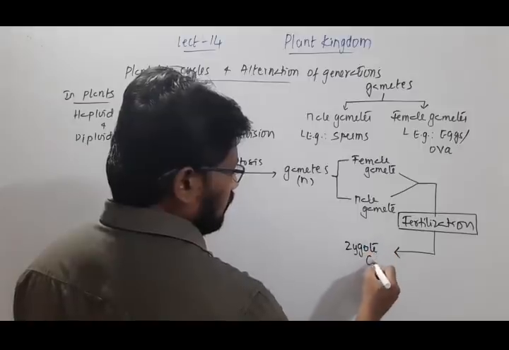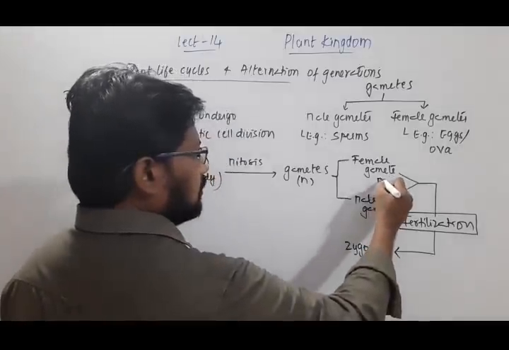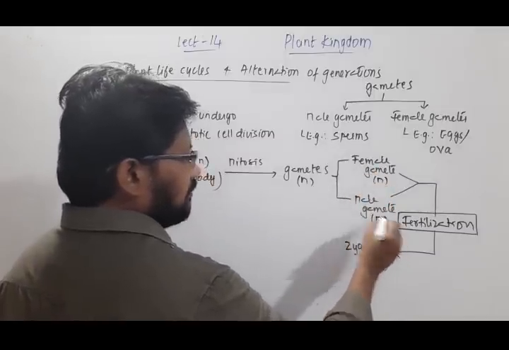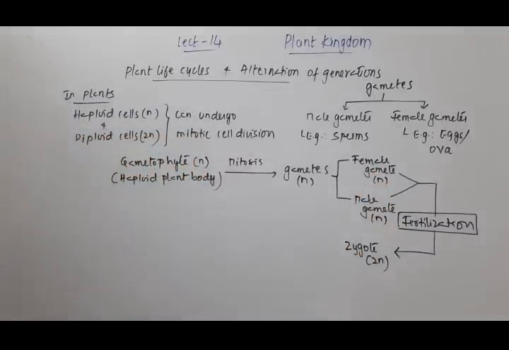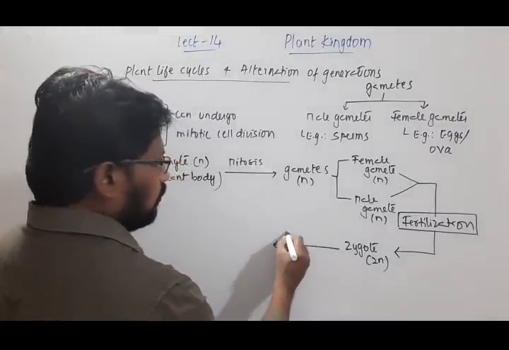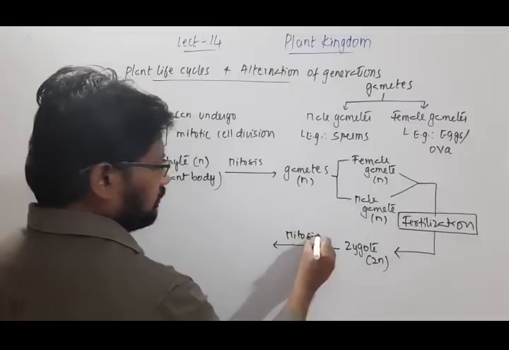So this zygote will be diploid, because the female gamete is haploid and the male gamete is also haploid. So union of those two haploid gametes results in the formation of a diploid zygote.